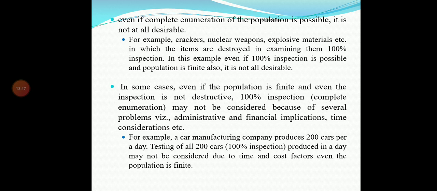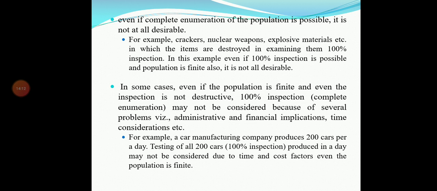Now we see in some situations we use the sample instead of the population. We suppose the sampling is done in some special situations, in some special cases. We discuss one by one.